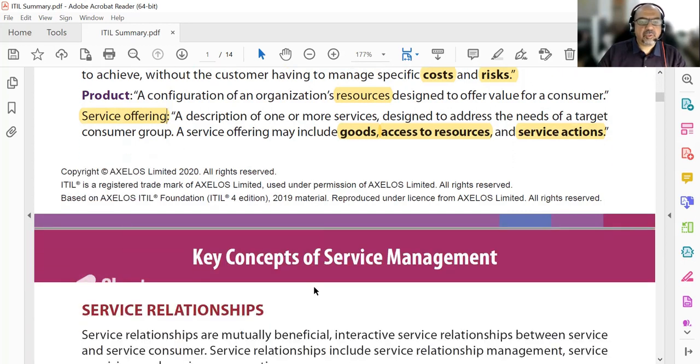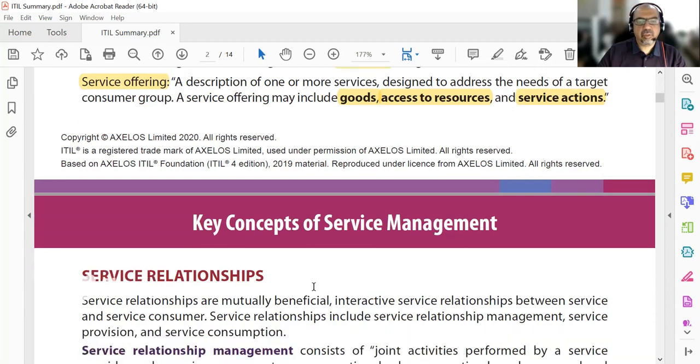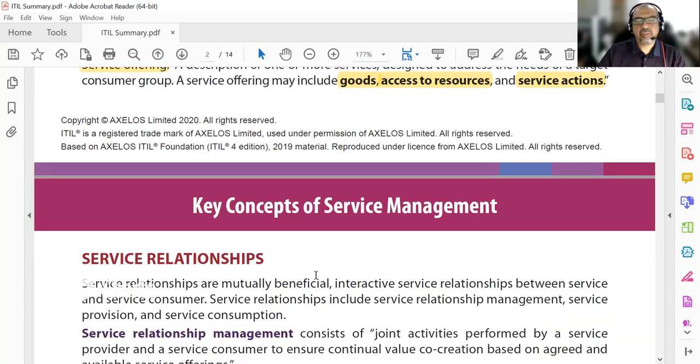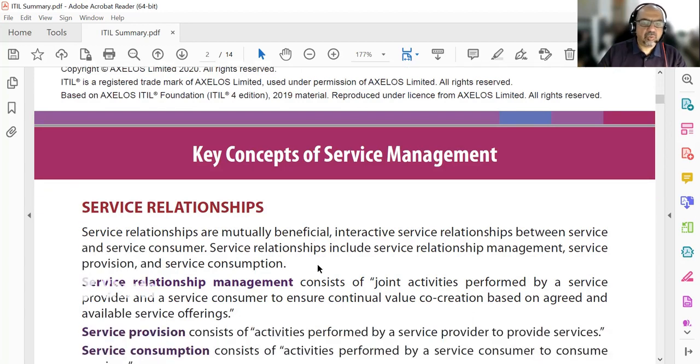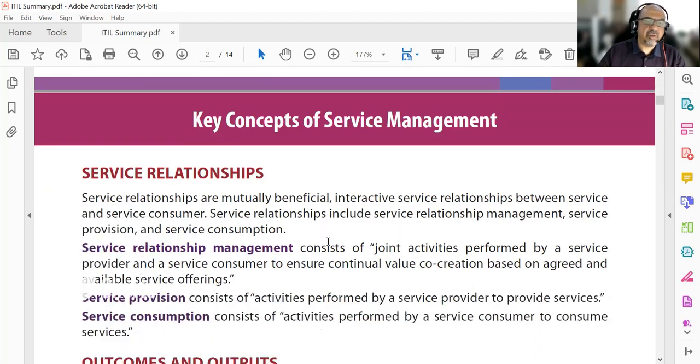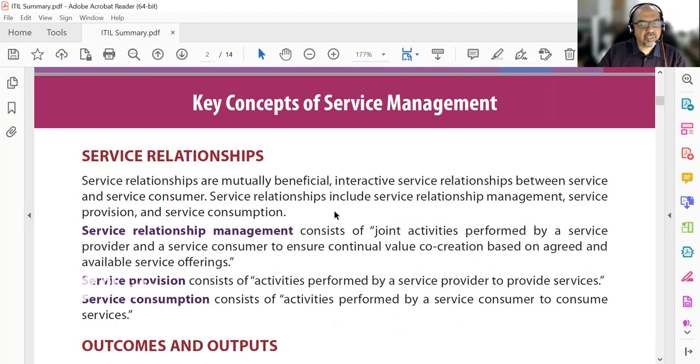So we need to provide a service, we need to enable the value, and we have a relationship. This relationship between different stakeholders, mainly service providers and service consumers. So this relationship should be managed. First, we define this relationship, we manage.